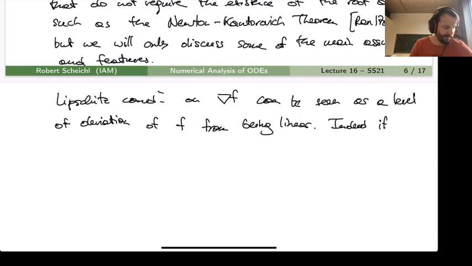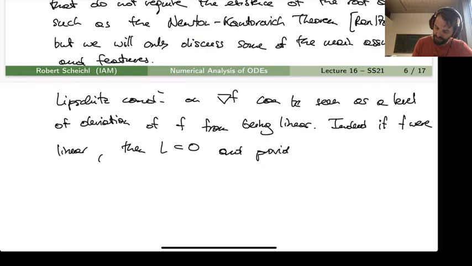If f were linear, then L is in fact 0, and provided M is non-zero, the method converges in one step.